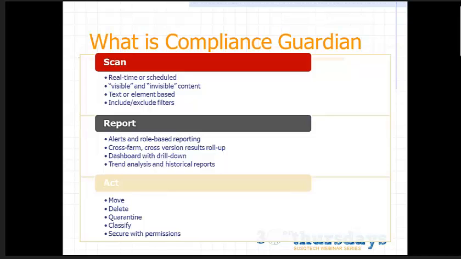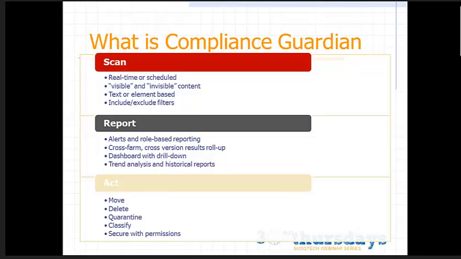A real-time scan is set up to review and act on changes as they occur in the data repository. Several immediate actions can be taken on a document at the moment a violation appears in a new or changed document. That means that once someone publishes a document or makes a change that violates the policy, an action can take place.